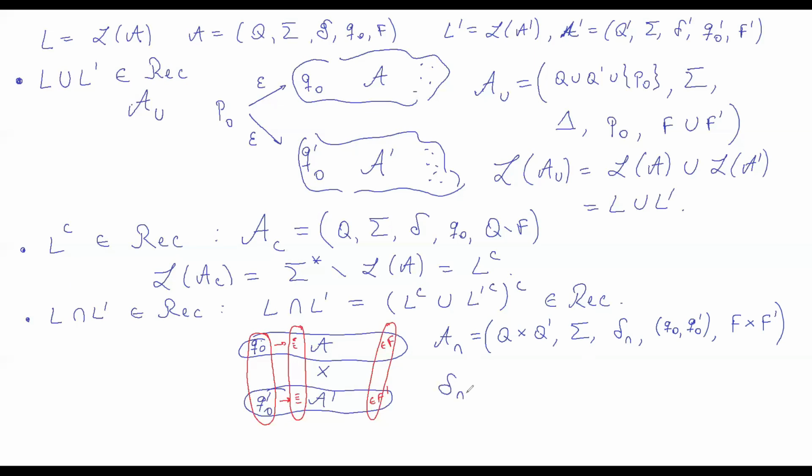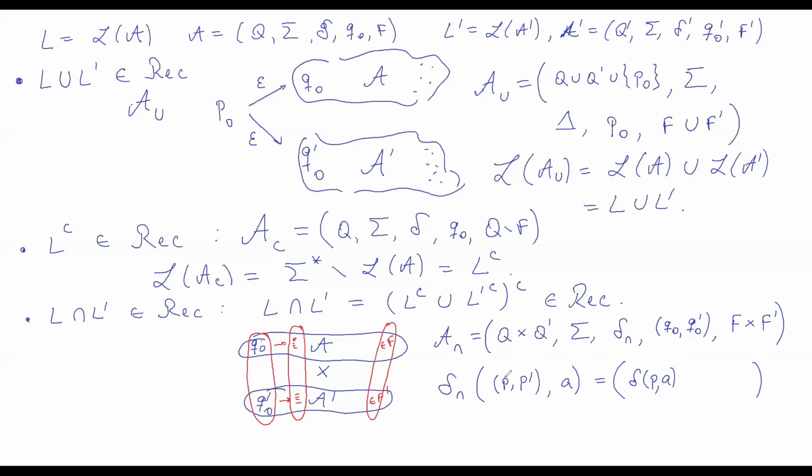And really, delta intersect applied to a state, so a state maybe something like P and P prime, with letter A, is going to be a pair. And on the first component, you are going to have delta of P and A. So you do the computation in the first automaton with delta.